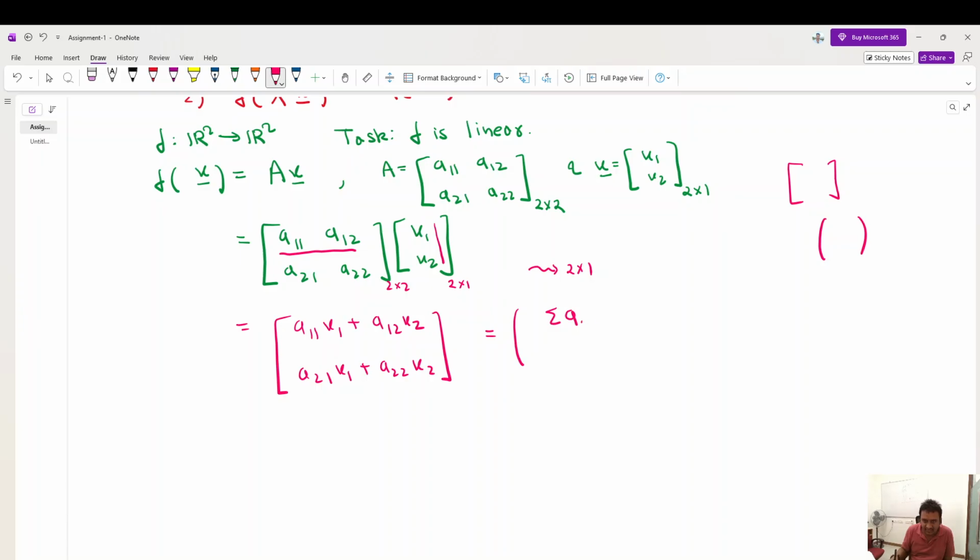Say the first index is fixed, and you're varying the second one, say j, and it is running from 1 to 2, because there are two columns. And this also you are varying, so this is xj. Similarly, the other entries, j equal to 1 to 2. Now you are on to the second row and you are varying the column. So in a very concise manner, you can also write it like this. It is just the matrix.